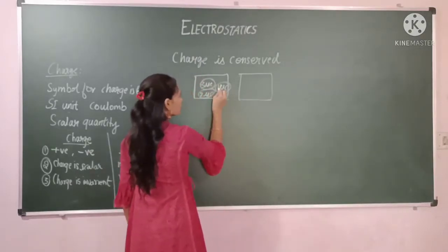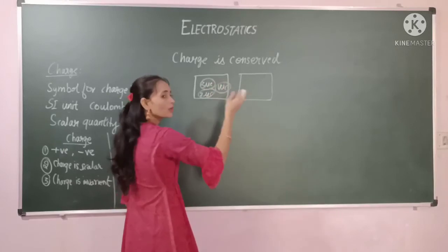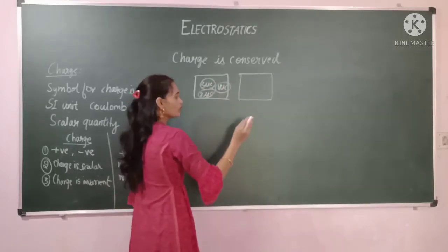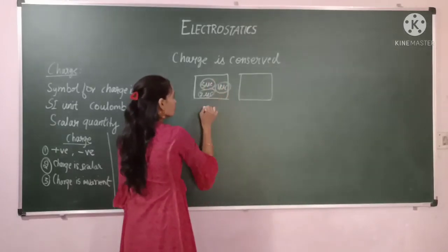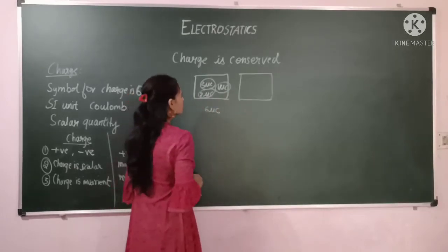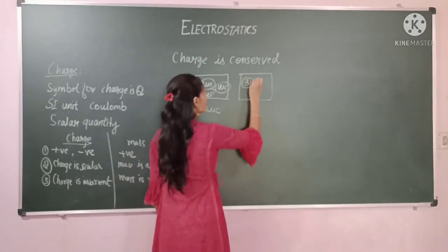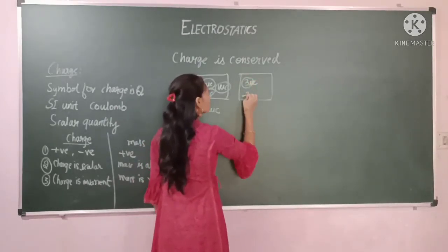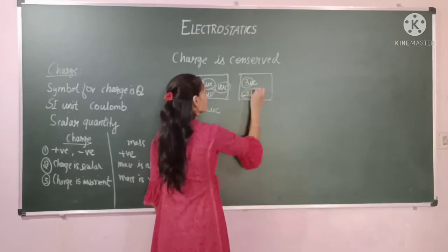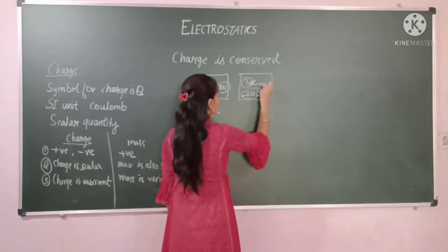This charge will go here, this charge will go there. Like that it will transfer. But if you add the total charges, the value will be the same. Here if you add all the charges, it will be minus 6 microcoulomb. So here 3 microcoulomb minus 2 microcoulomb, and it is 5 microcoulomb.